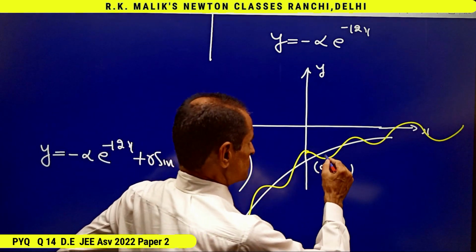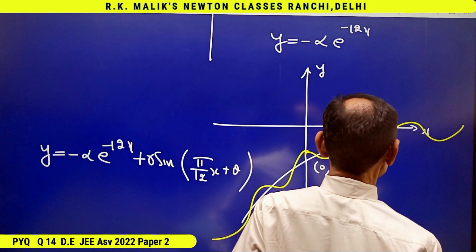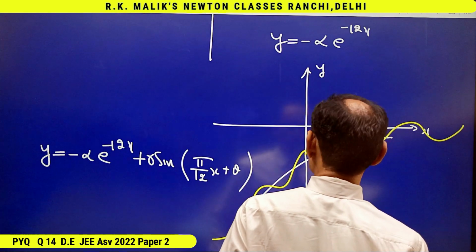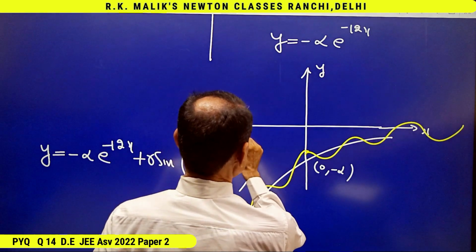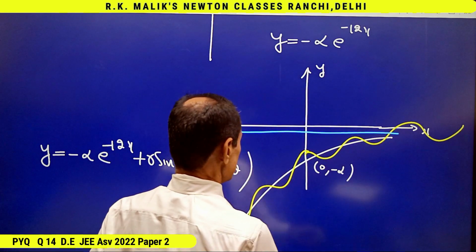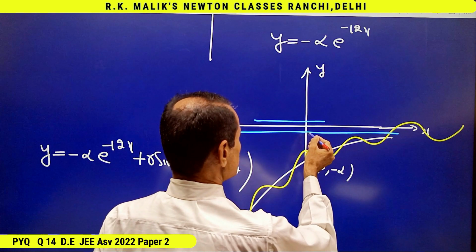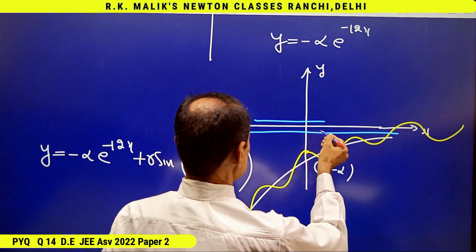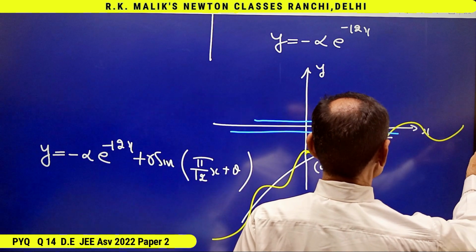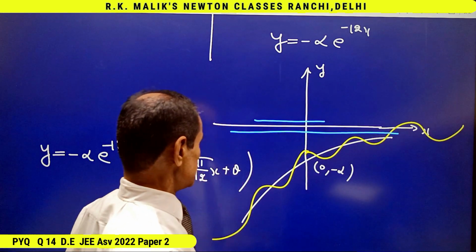It's clear that this white line graph is going on coming nearer and nearer to x-axis. Hence, if I draw a line very near to x-axis, below or up makes no problem, then this line will surely cut the yellow graph at infinite number of points.